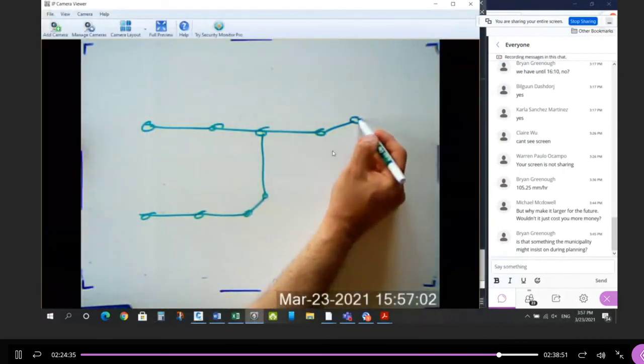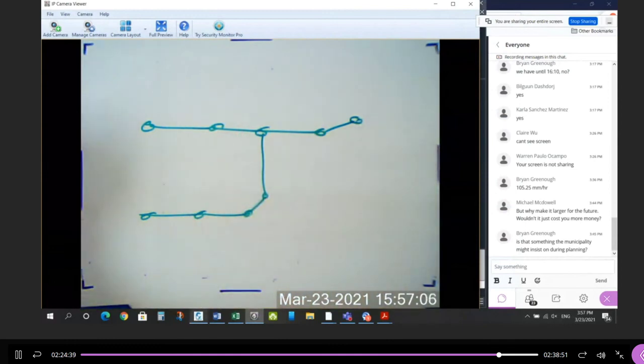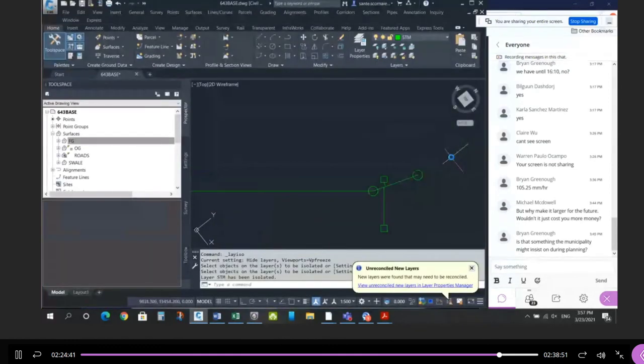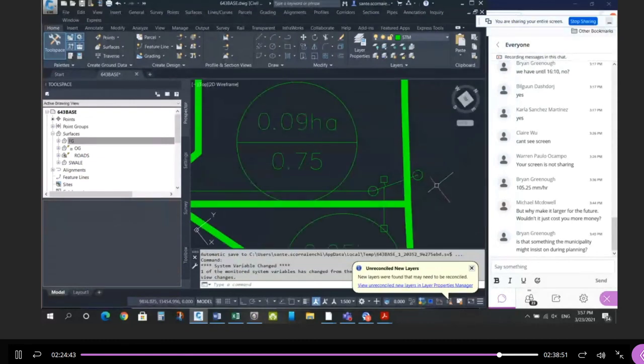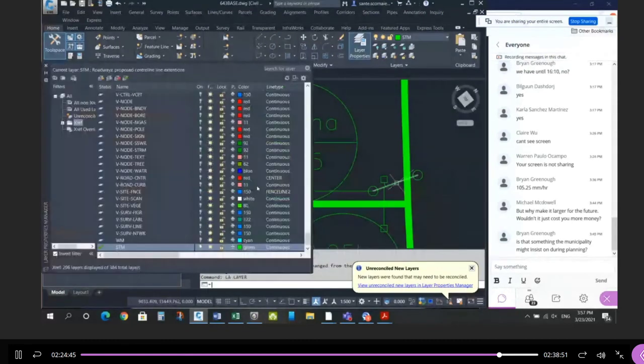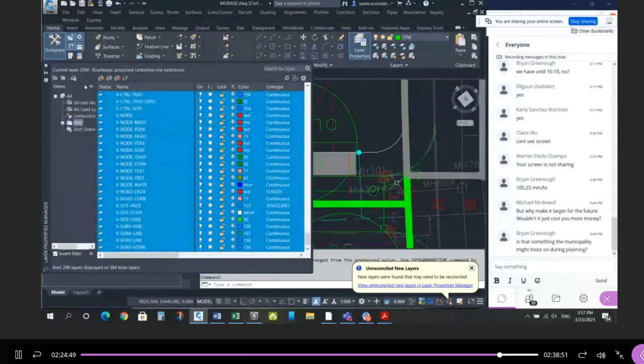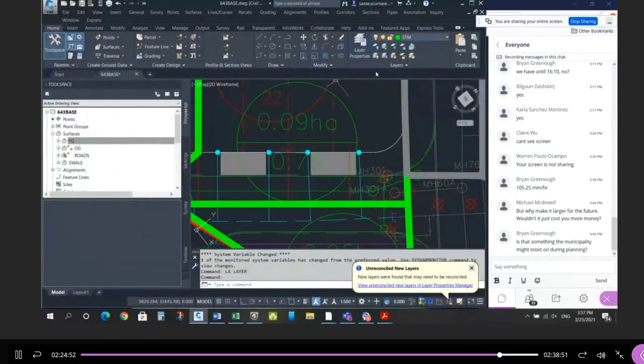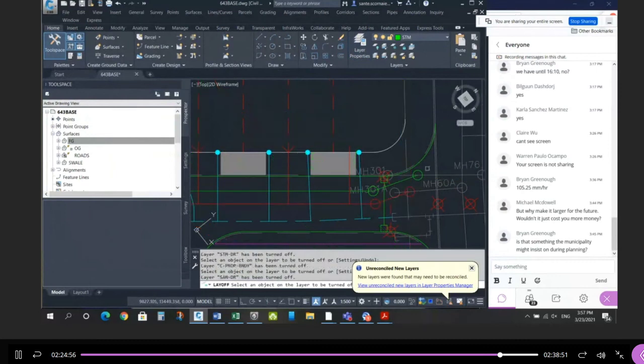Okay, so this is the existing sewer maintenance hole. If we zoom in, you should see all the existing stuff. Sorry. So you will see the existing pipe. You should always show the existing pipe for storm.